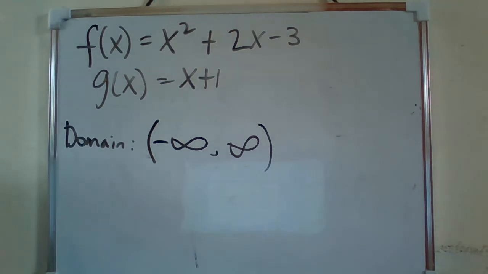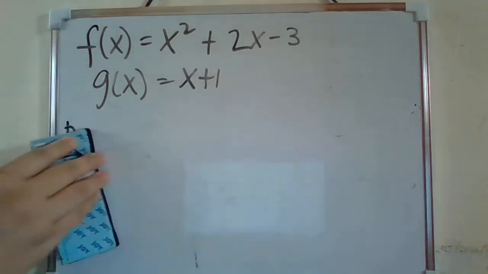Alright? Now, tignan natin if there would be changes when it comes to domain kapag nag-apply na tayo ng operation. Ayan. So, kapag inadd natin siya, so how are we going to do the operations in functions? So, let's try. Burahin ko muna to.